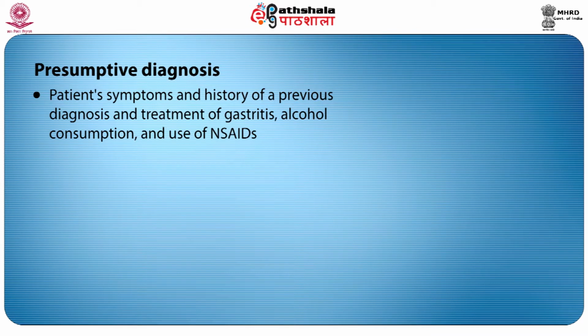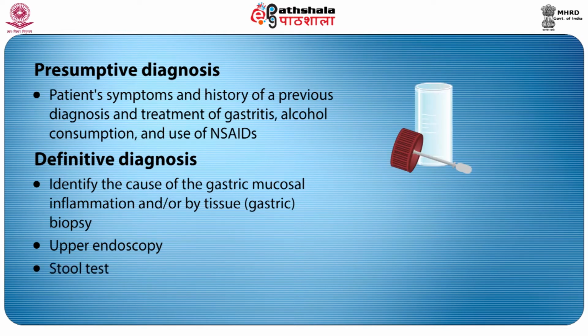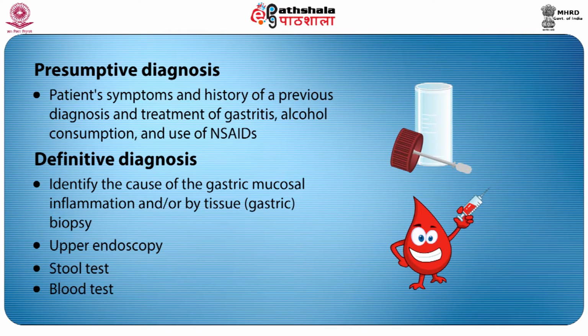Following presumptive diagnosis, tissue biopsy test, upper endoscopy, stool test and blood test are undertaken to diagnose the presence of gastritis. All these diagnosis methods were already discussed clearly in the previous module on peptic ulcer. Hope you are very clear about that.